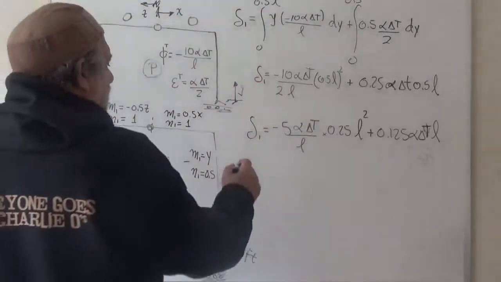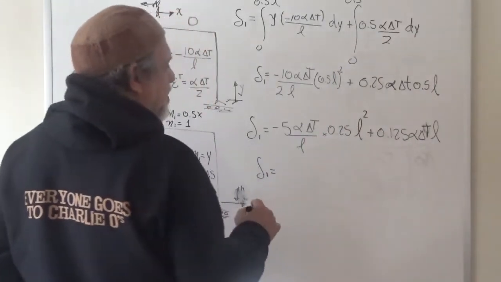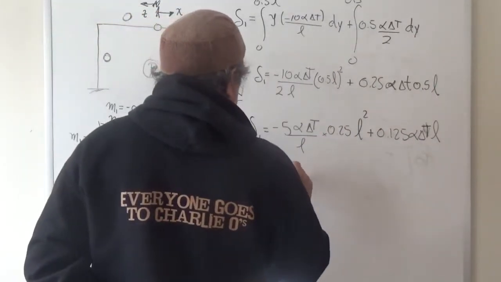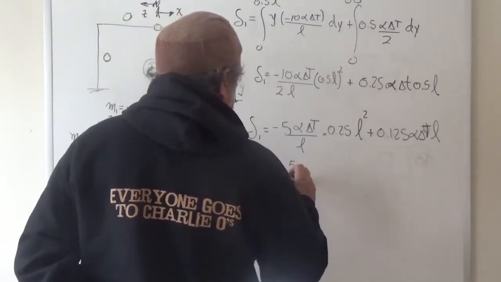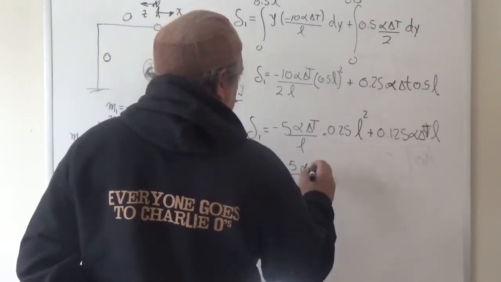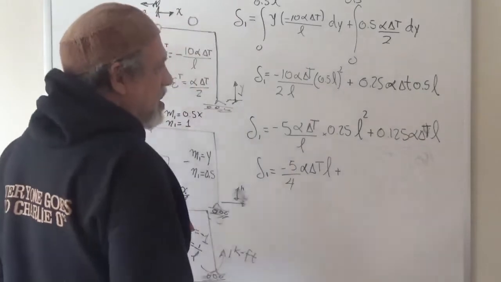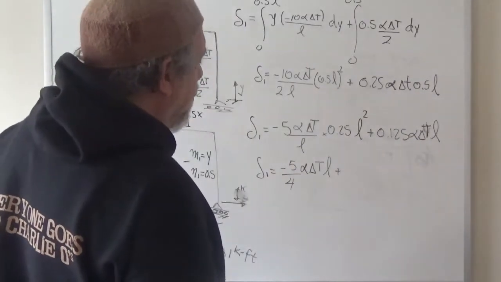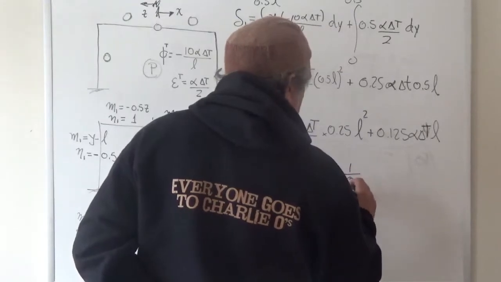So this is delta 1 is equal to minus 5 times 0.25 is minus 5 quarters, right? That cancels 1 L, so it's alpha delta T L plus 0.125 is 1/8, I believe, right?